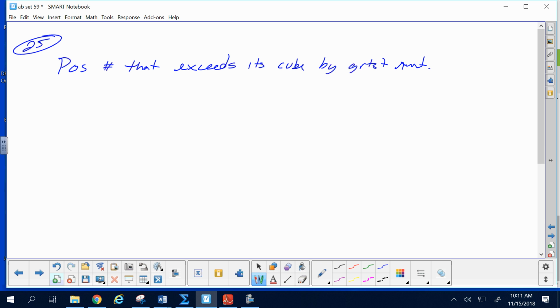That's the only way it's going to exceed its cube. But I still don't know what the heck to do. Do we know the number? We don't. So let's call it x. Okay? Exceeds its cube. What's its cube? x cubed. And we want to know the greatest amount it exceeds. Exceeds is the difference between the two. Yeah?